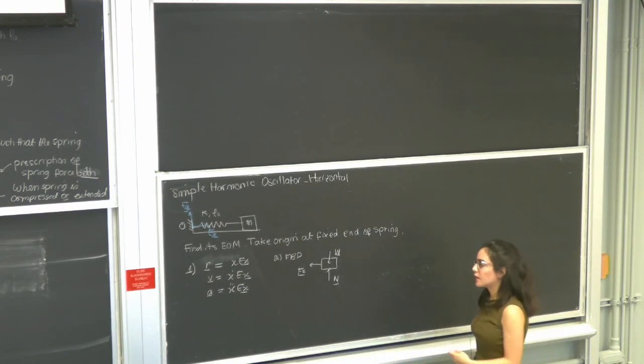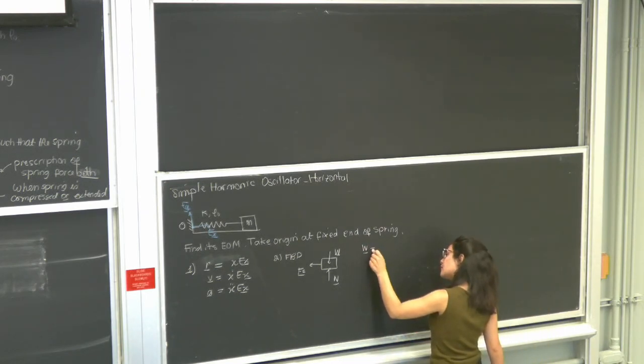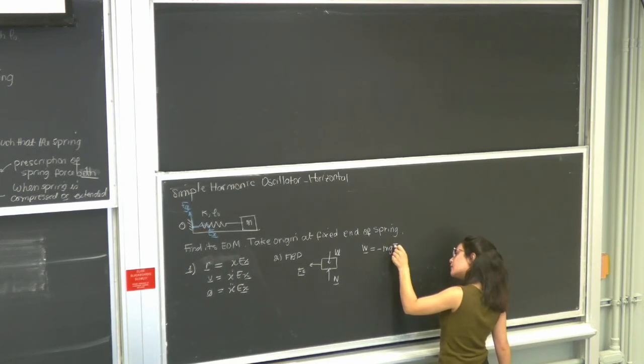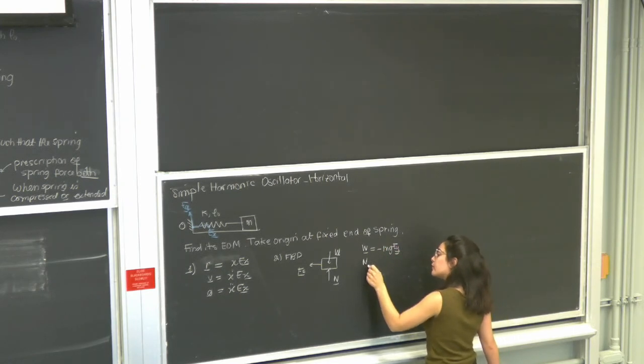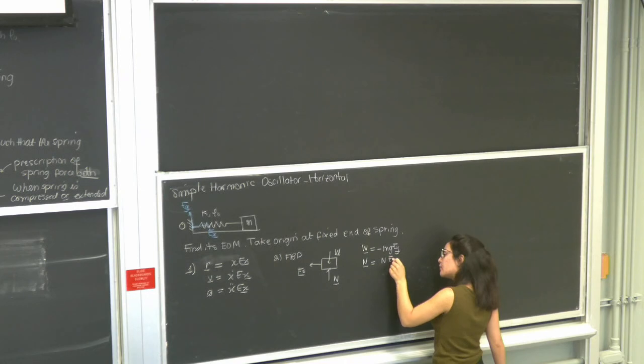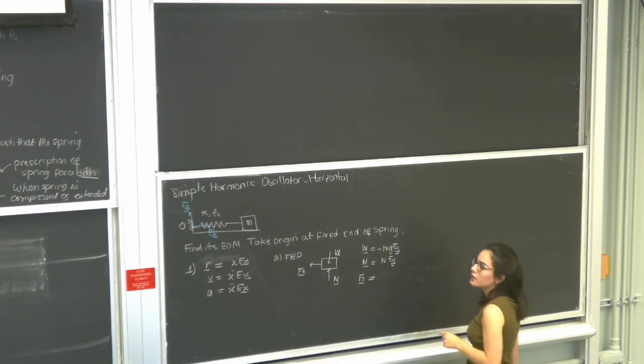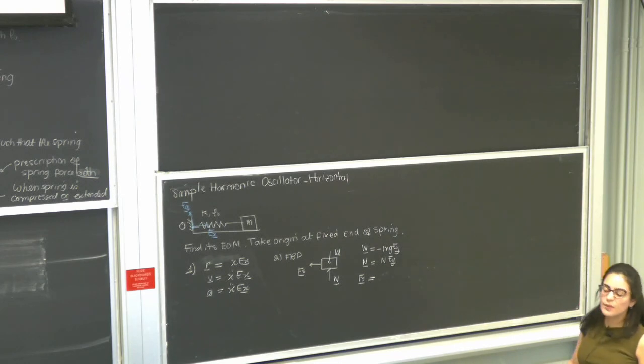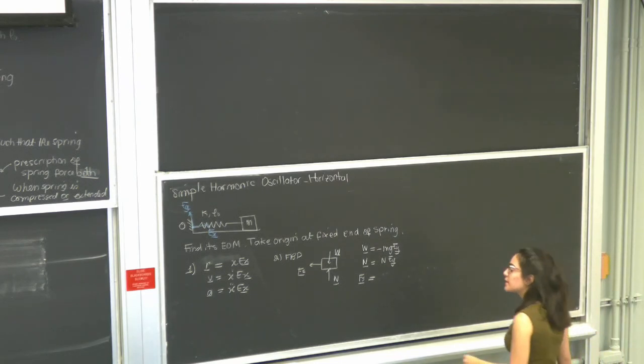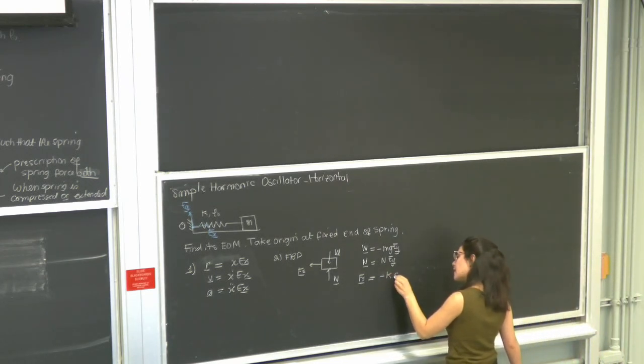So the weight is equal to minus mg ey. The normal force is equal to n ey. The spring force, I'll use the 1D equation here, minus k epsilon ex.